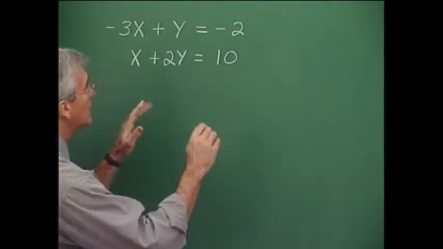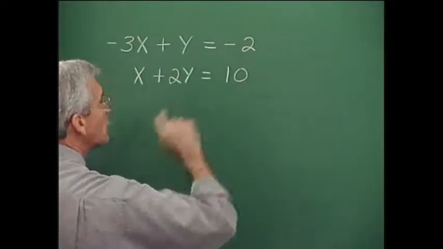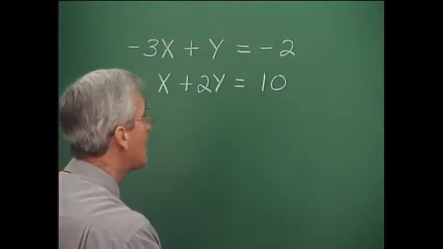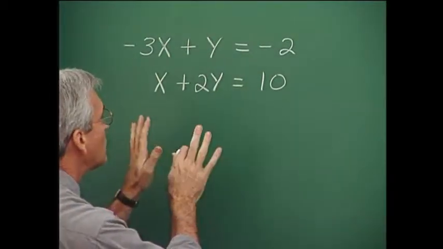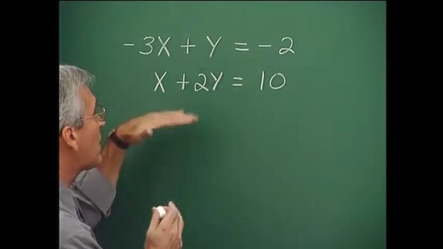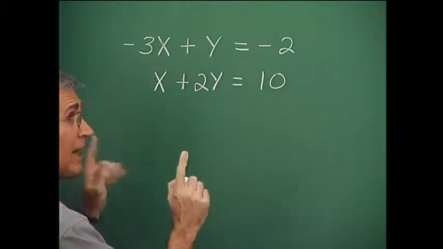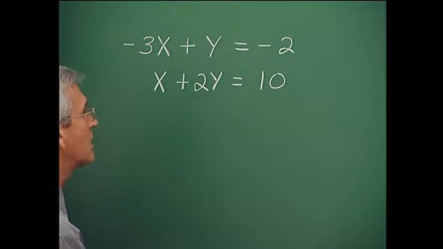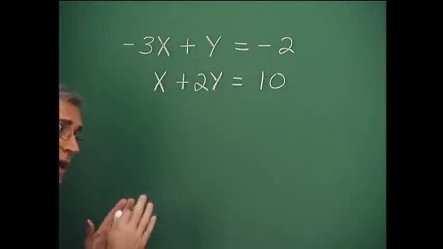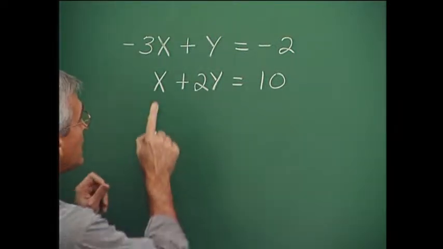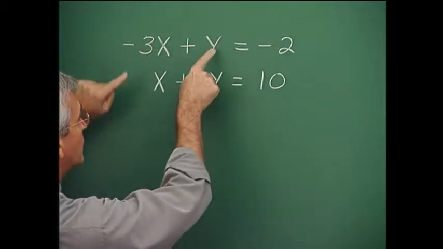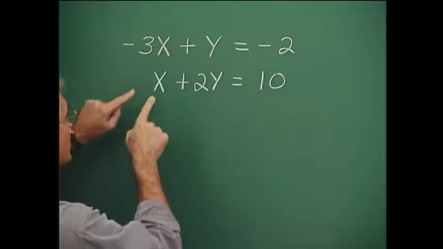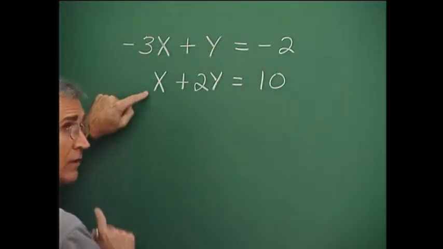Here's the concept. Now we have a couple of equations as our system of equations, and the first idea is to solve one equation for one letter. Now that means either equation for either letter is the way we start. Now we just want to make this easier on ourselves, and it's pretty easy to solve in equation 1 for y, and it's pretty easy to solve in equation 2 for x.